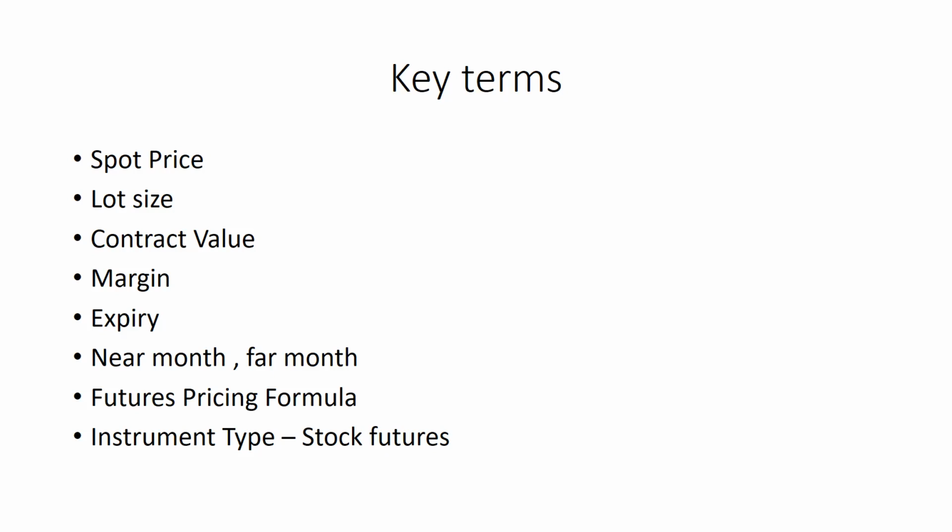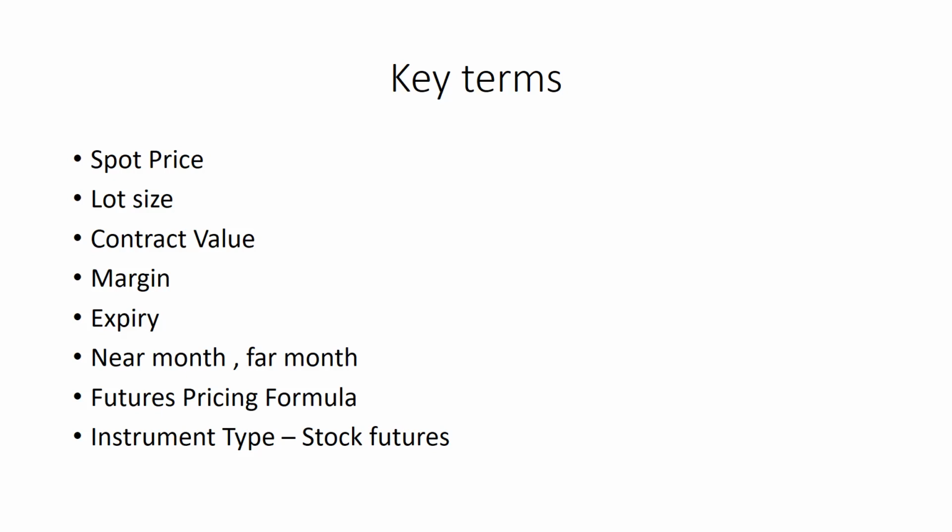And the future pricing formula can be used to understand what should be the price of the future. Maybe you see on the stock market the price of the Infosys future, suppose now January is going on, January 2024.